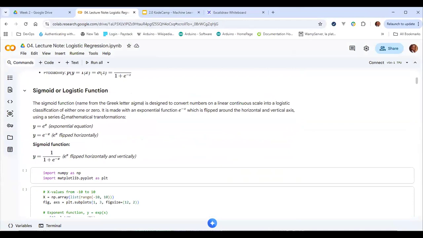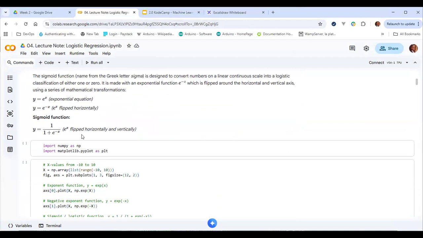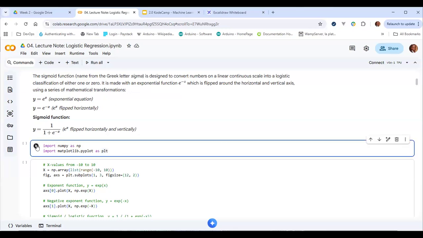This is the most important thing. When you're doing logistic regression, you have to pass your prediction, the linear combination of your inputs, through the sigmoid function.